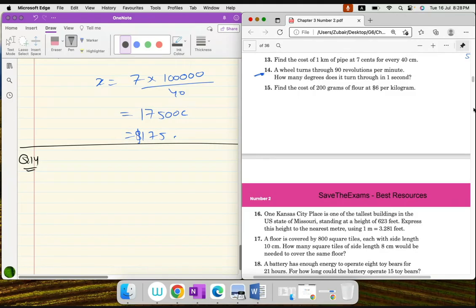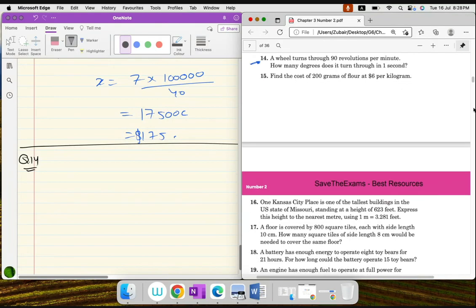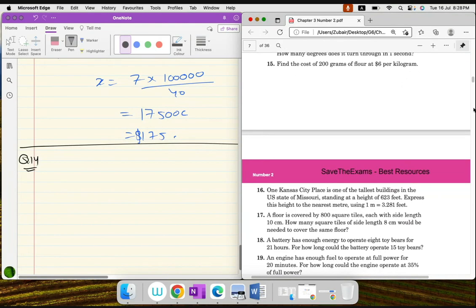Same, Haris? Okay. Question number 15. Find the cost of 200 grams of flour at $6 per kilogram. That is simple. 6 by 5, 1.2.